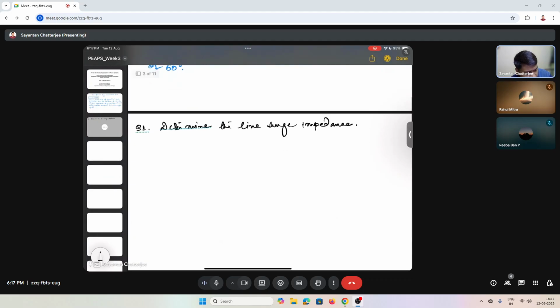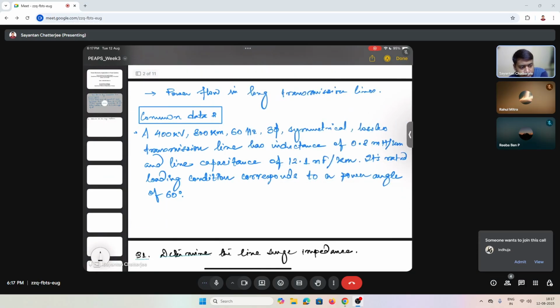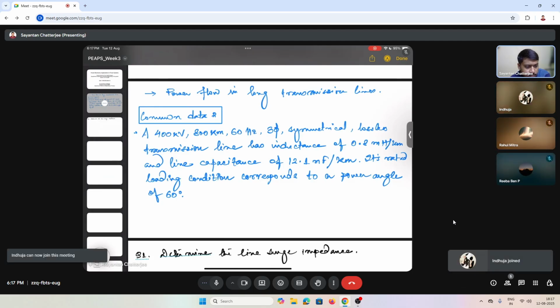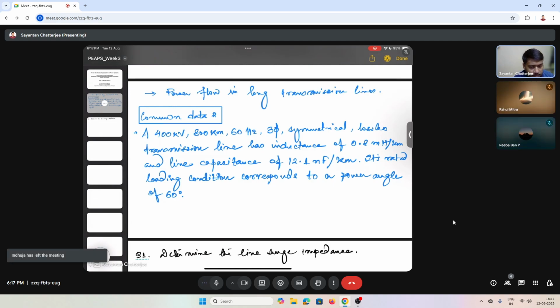So this is the first question. Determine the line search impedance. So this is the question that we were discussing. So this is the common data, and using this data, we will solve this question.